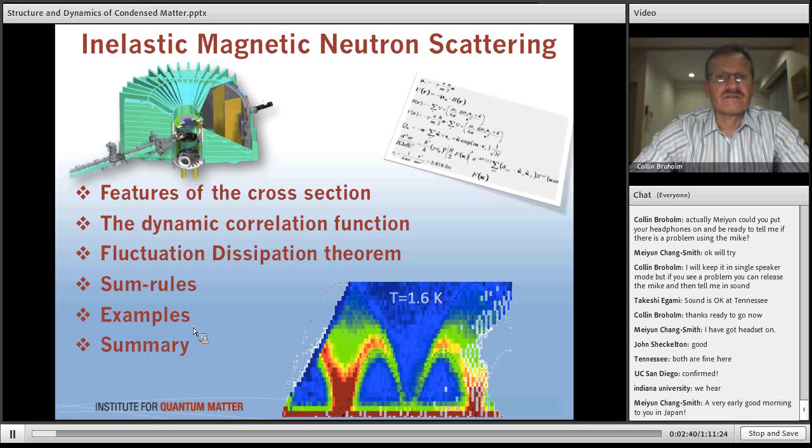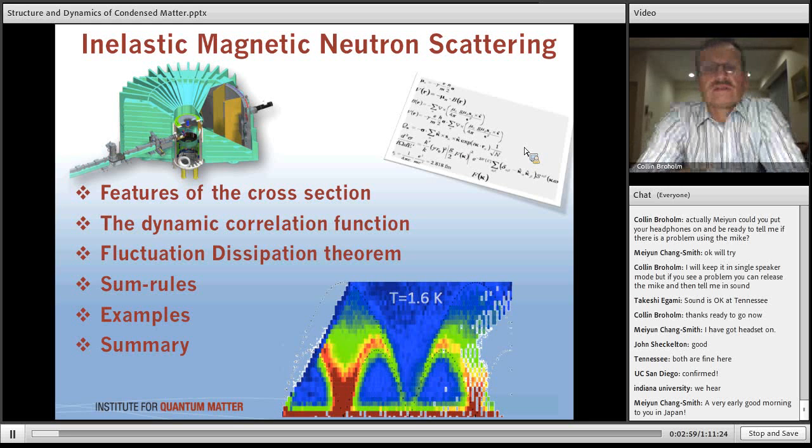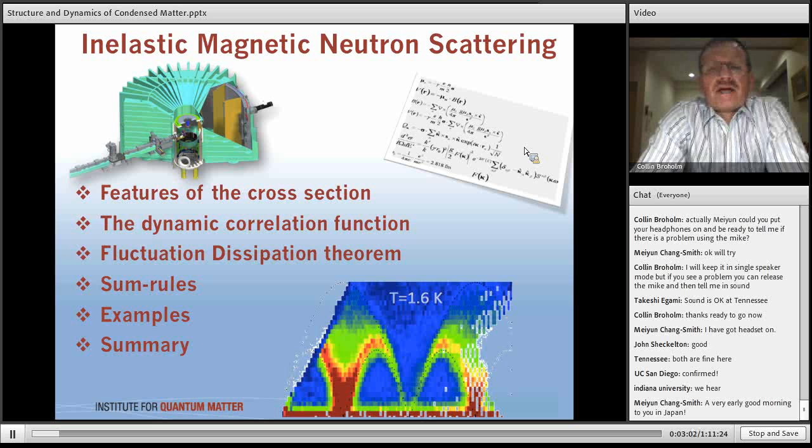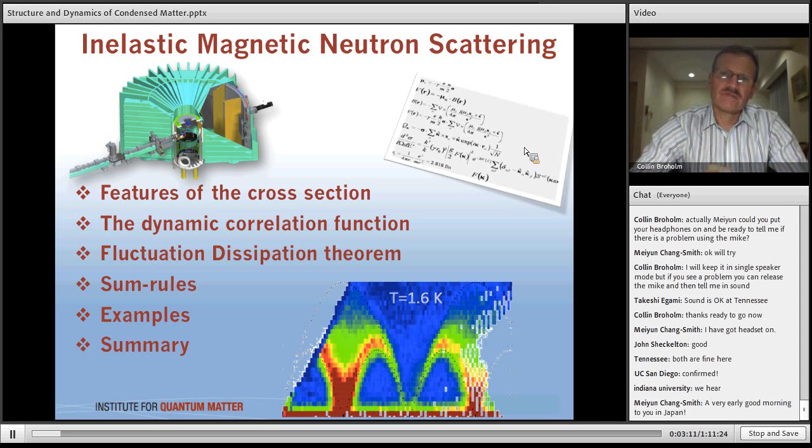All right, so first, talking about the inelastic magnetic scattering cross-section. It's listed in the simplest form that has most of the relevant features in it on the top line. And just to remind you how we got there, we developed a general expression for the inelastic scattering associated with either the strong nuclear force or the dipole-dipole interaction.